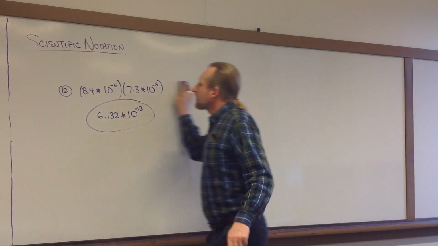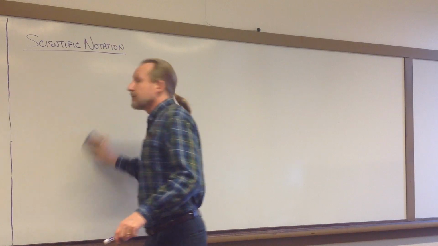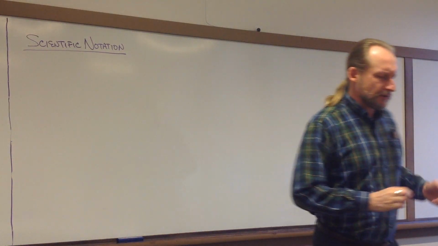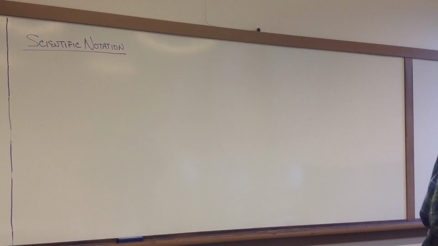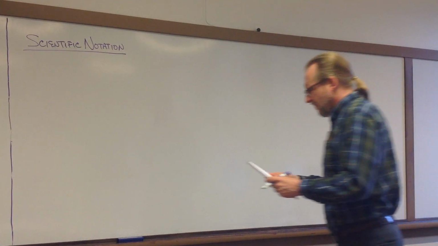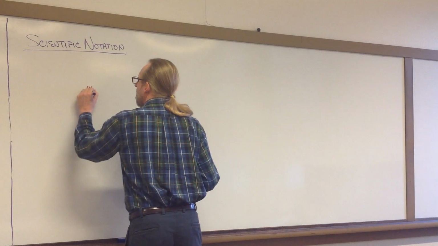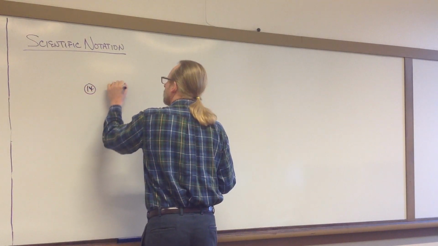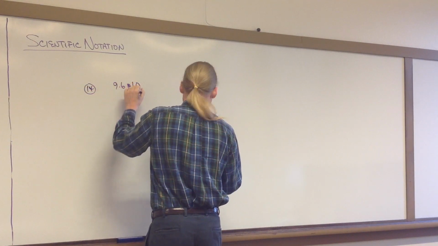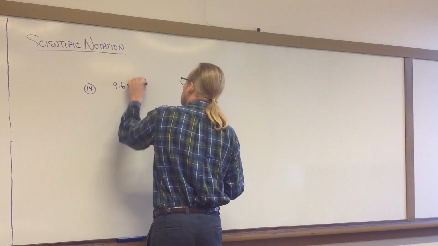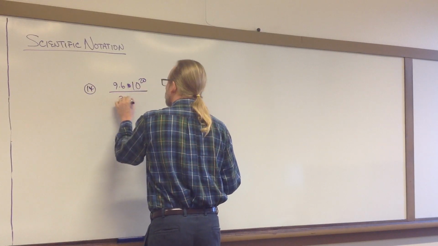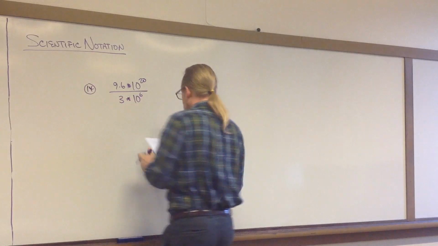On the next page, we've got some problems about dividing numbers in scientific notation. Okay, so problem 14. We start out with 9.6 times 10 to the 20th power over 3 times 10 to the 6th power.